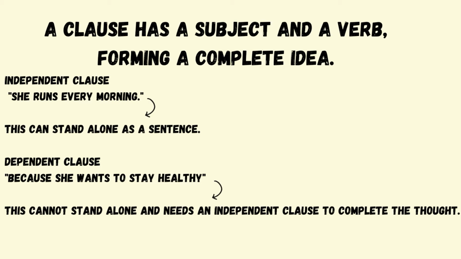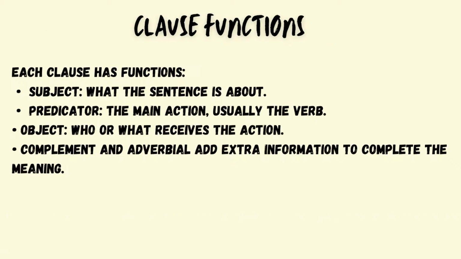Here, she runs every morning is the independent clause, and because she wants to stay healthy is the dependent clause. Together, they form a complete sentence. A main clause can exist independently, while a subordinate clause relies on main clauses. For example, in she smiled because he arrived, she smiled is a main clause, and because he arrived is subordinate.